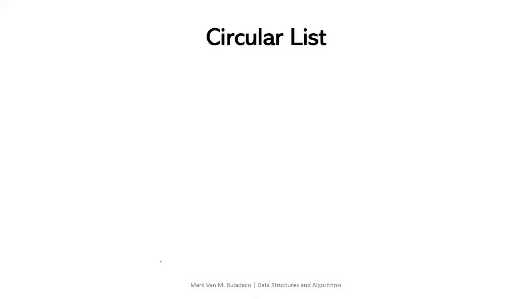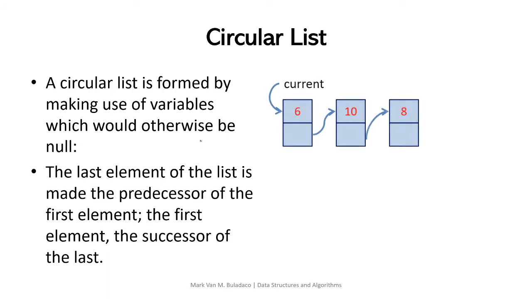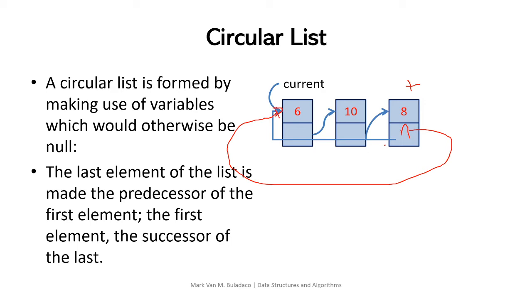So it's different with a circular list. The next field of the tail, this is the tail, right? Its next is referring to the first or the head node.